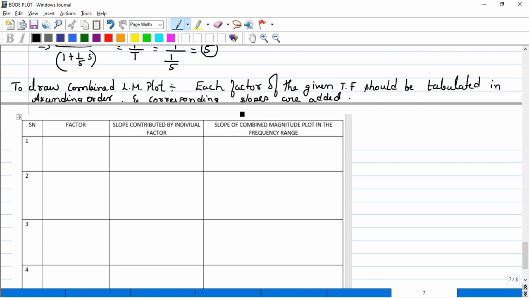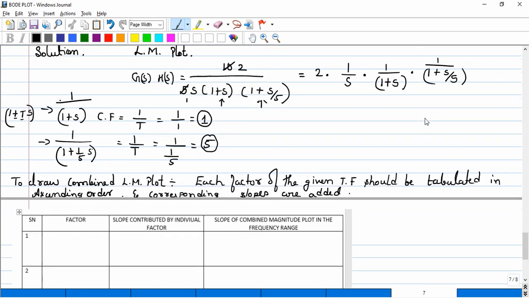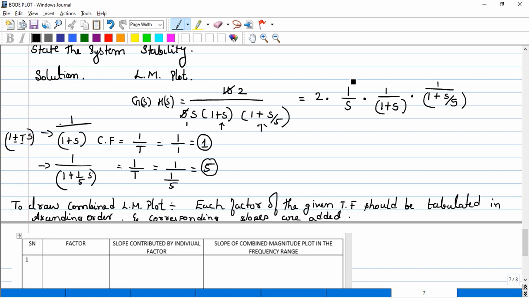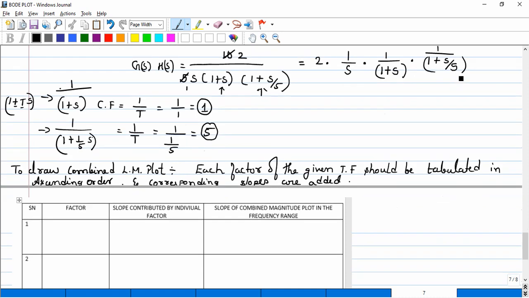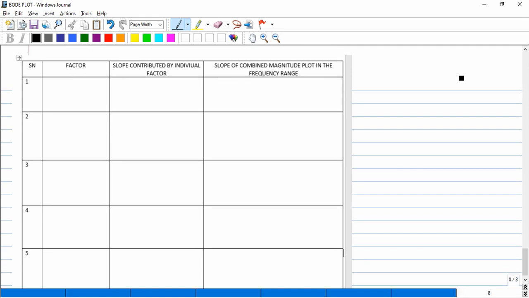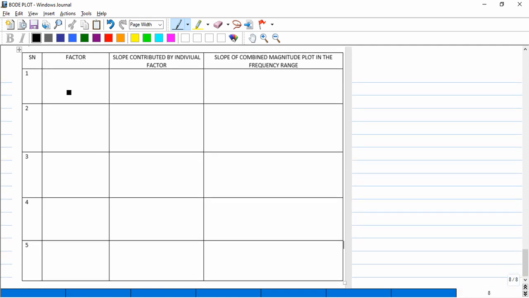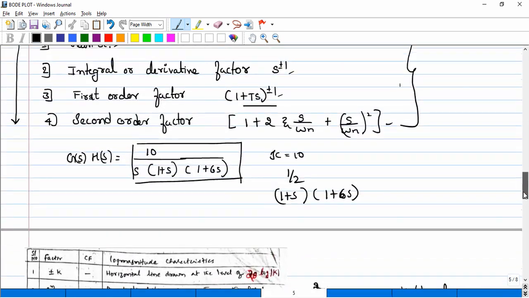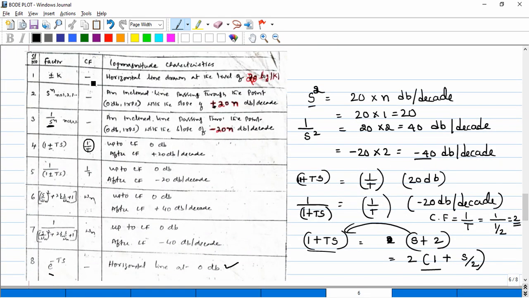Okay, now I have made a very clear statement, and according to that we have written here. My first factor will be 2, the second factor will be 1 by s, the third factor will be 1 by 1 plus s, and the fourth factor will be 1 by 1 plus s by 5. Let me consider the first factor, that is 2. For gain k, if you see the table, there is no corner frequency and no slope, but it is a horizontal line.